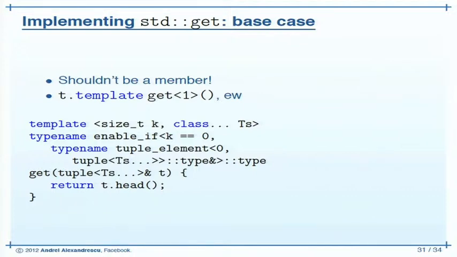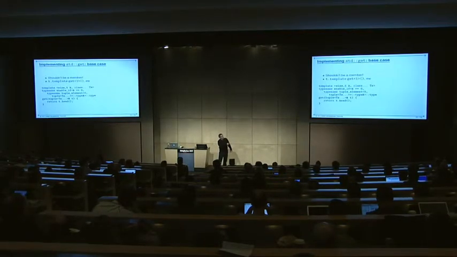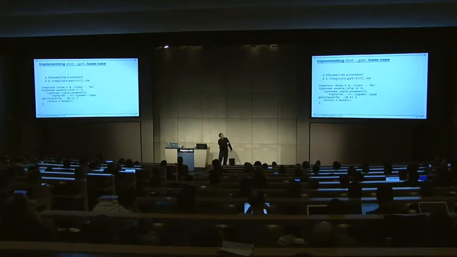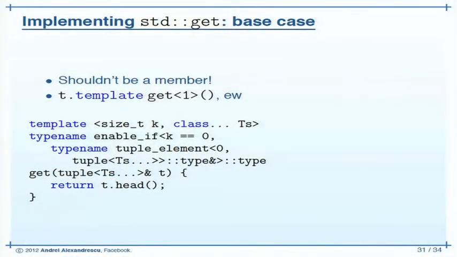By the way, the reason for which this .template came about is because of a very old issue with C++, this less than sign here. You see the laser? Is the laser visible? So, get less than 1 here. And if it weren't for template, there would be t.get<1>(), open paren, close paren, which is sort of a bizarre construct.